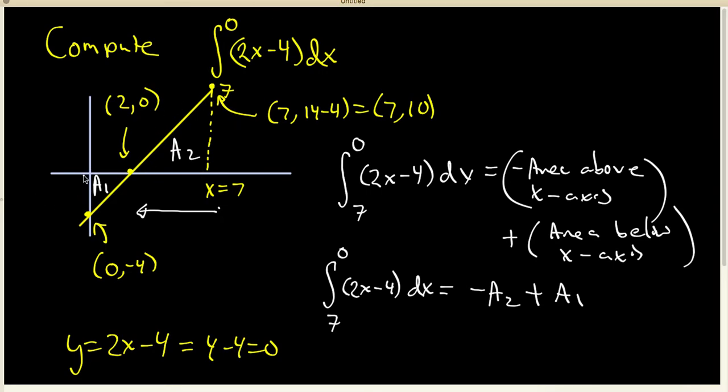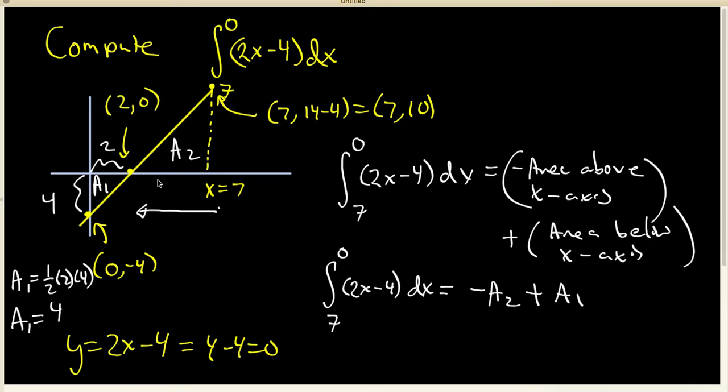So now I want to think in terms of what is A1, what is A2. Well, let's see. This distance here is 4, and this distance is 2. So A1 as just a triangle is going to be 1/2 times 2 times 4. So A1 as just a triangle has area equal to 4.